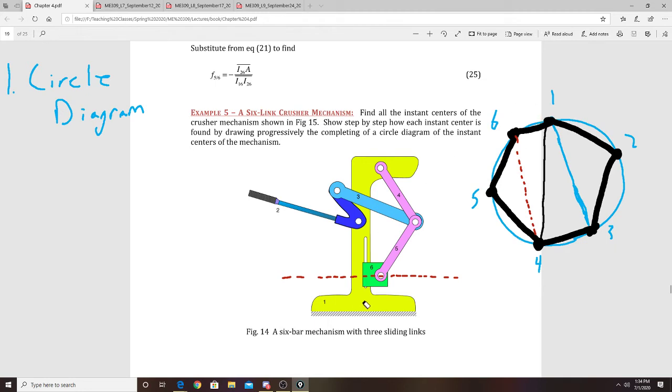Oh, I went backwards. Never mind. We'll do the other one first because that one will probably make more sense. So I65, which is here, connected with I45, which is here, right? So it is along this line.